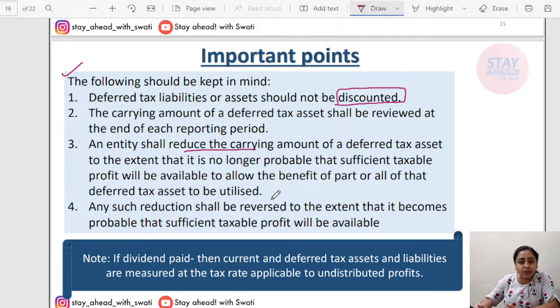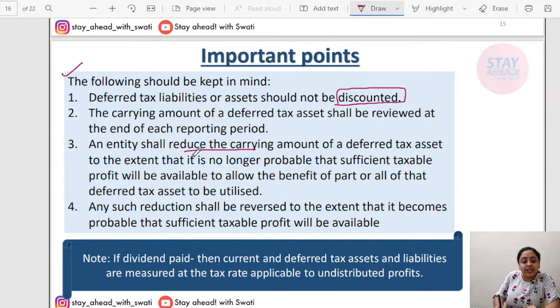If there is no expectation that future profits will occur, then you will not recognize DTA, or if it is partially changed subsequently, then you will adjust the DTA amount in accordance with the available profits.